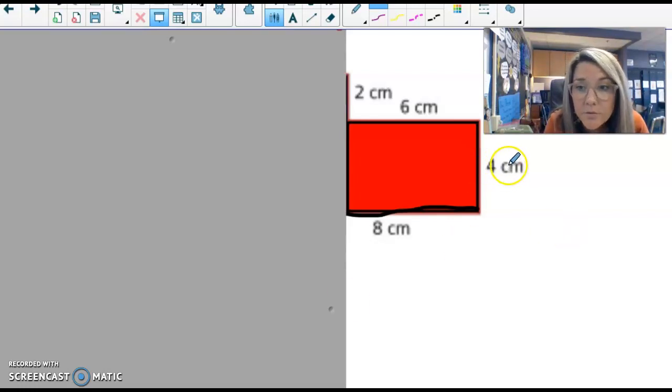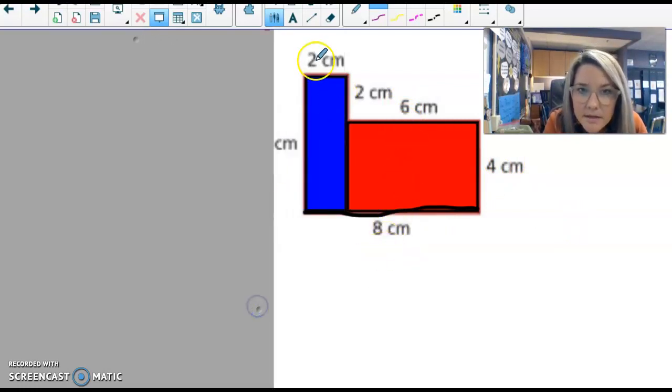You're right, I have 4 rows, 4 by 6, because for this rectangle, this measurement would be 2 centimeters.